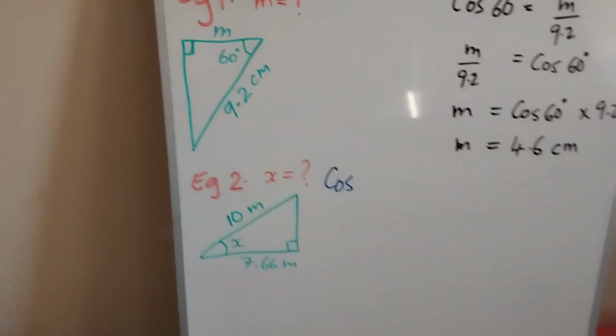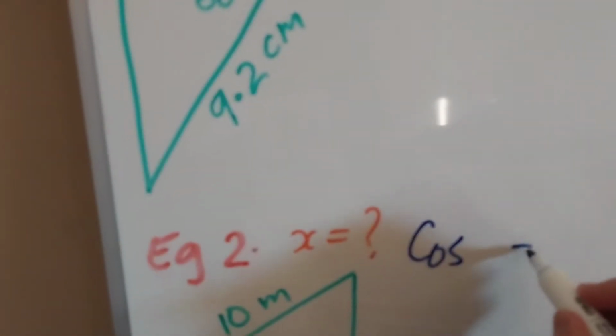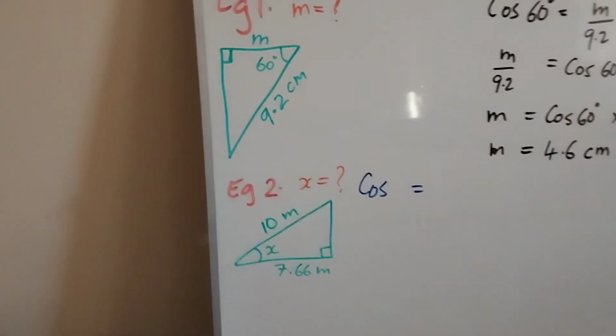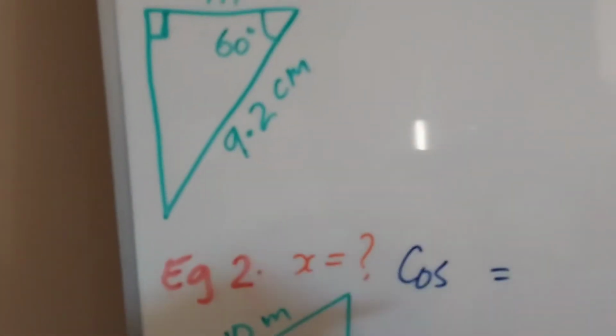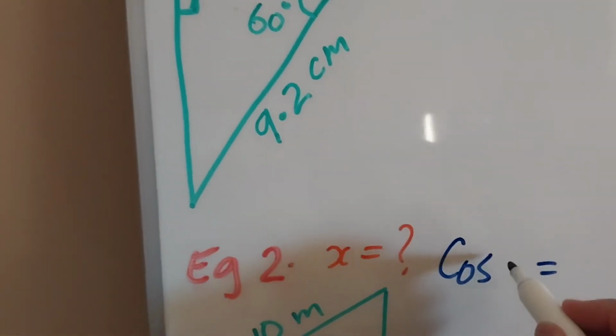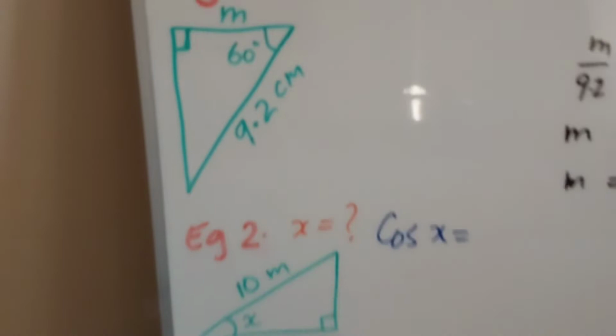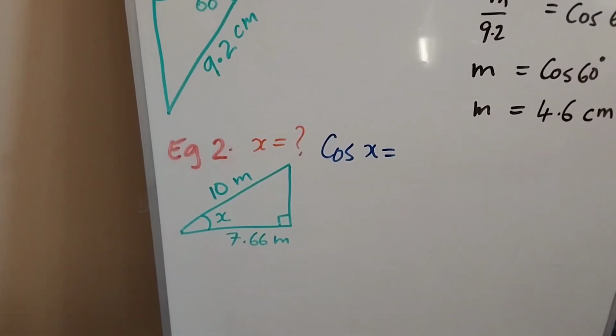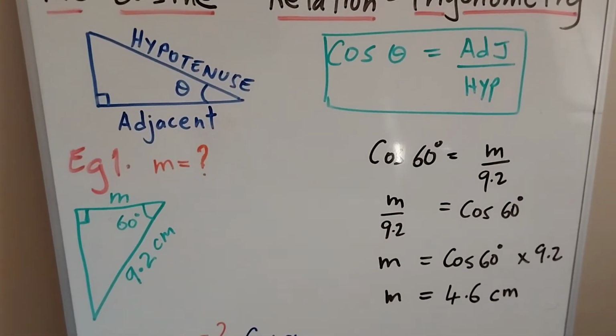Cosine of the angle theta is equal to adjacent over hypotenuse. So instead of angle theta, we've got x. The cosine of the angle x will be equal to adjacent over hypotenuse.